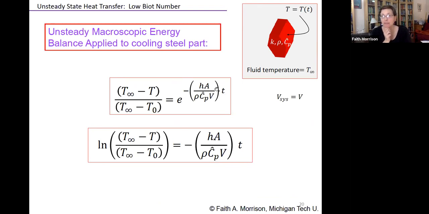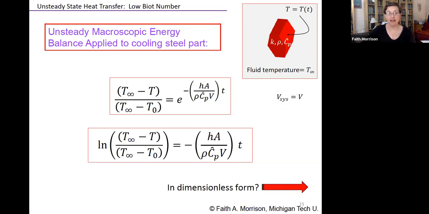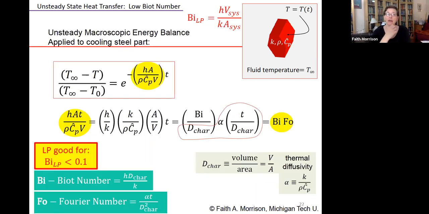So the lumped parameter method allowed us to get all the way to the end, because it only had the heat transfer coefficient. When we had the example we did previously that had radiation in it, we had to do the integration numerically, but that's also doable in Excel. We can write this expression in dimensionless form, and it turns out to be a simple relationship with the Biot number.